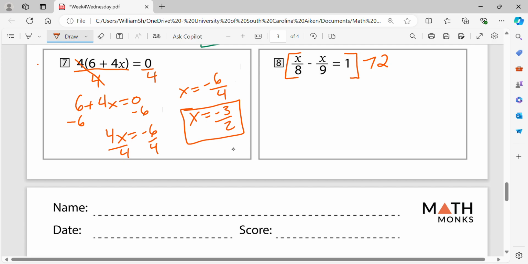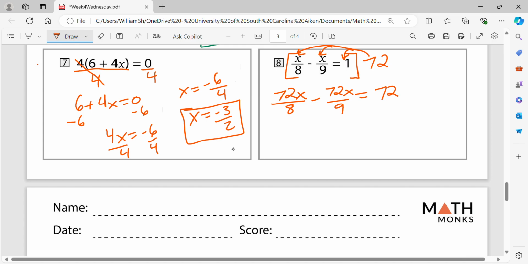Okay. What this means is I'm basically applying 72 to every part of the equation. So this technically gives me 72x over 8 minus 72x over 9 equals 72.